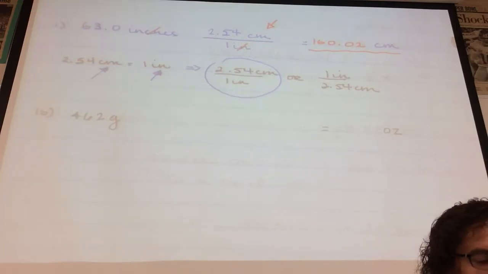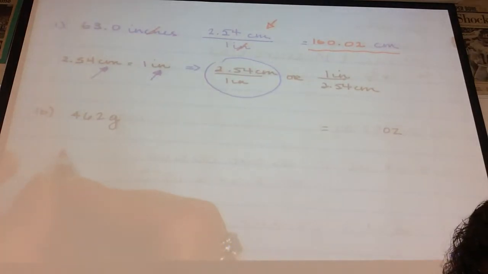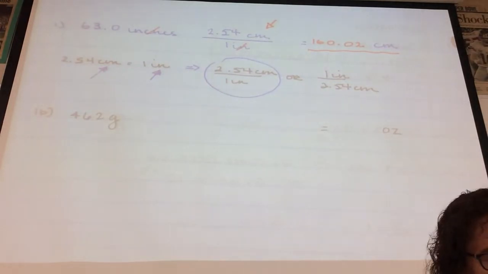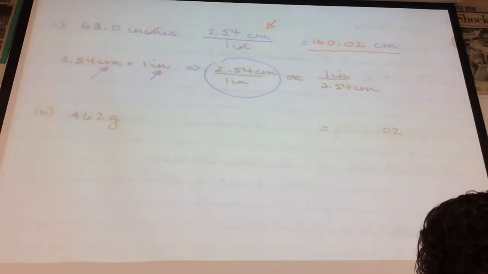Which conversion factor? An ounce? Yeah, you want to get to ounces, you want to get rid of grams. So is there an equality that has both grams and ounces in it? Look in the third column.